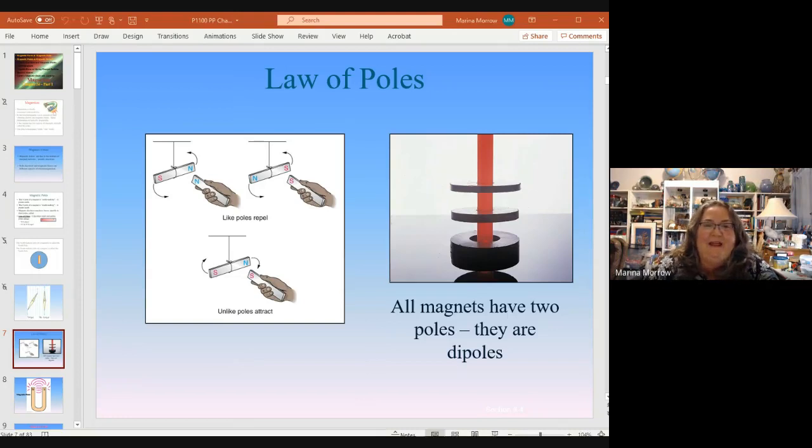All right. So, anyway, when we're looking at magnets, the north and the south isn't always obvious. It's not always sticking at the ends with a label that says north and south.